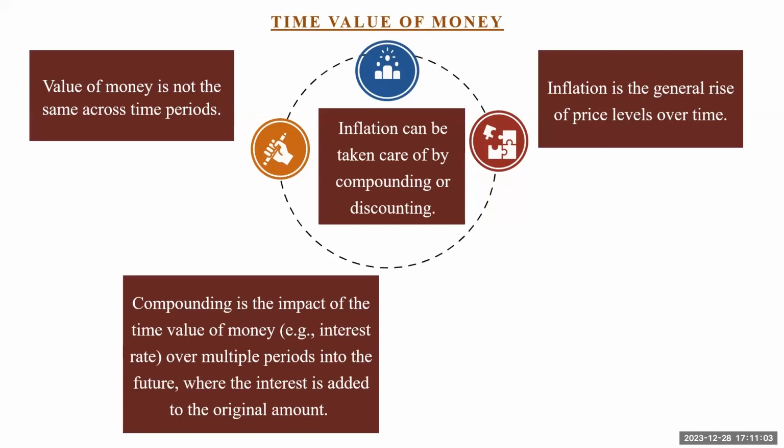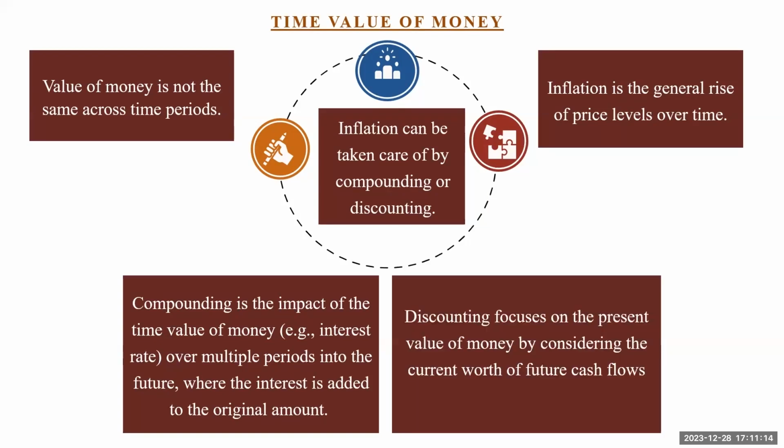We would compound if we want to find out the time value of money over multiple periods into the future, where interest is added to the original amount, and discounting focuses on the present value of the money by considering the current worth of future cash flows. So these are the two methods to find out either today's worth of future cash flows, or the end value of all the cash flows or returns that are happening.